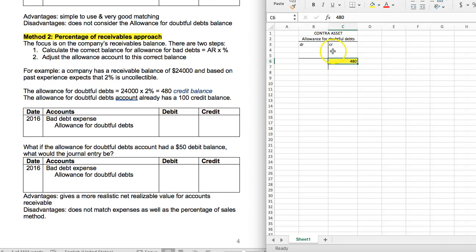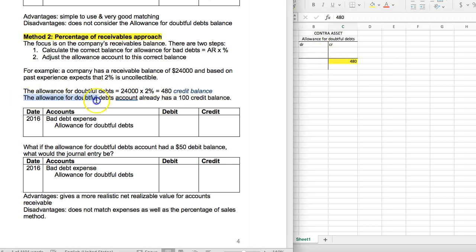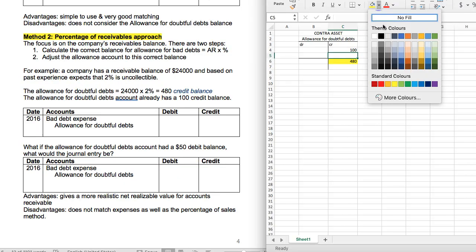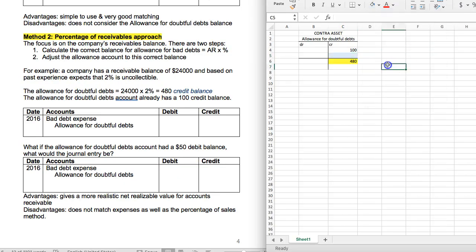Now in the question, it tells you that the allowance for doubtful debts, there's already a $100 credit balance here. So what we need to work out is what is this number here? 100 plus something equals 480. What is the something? The something is 380.